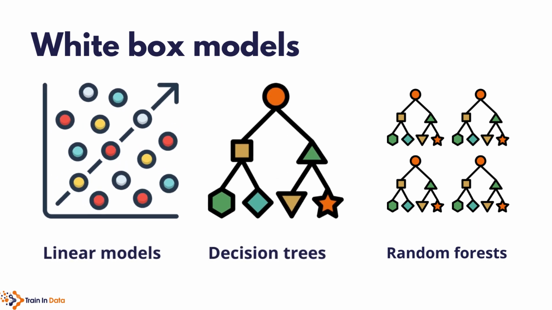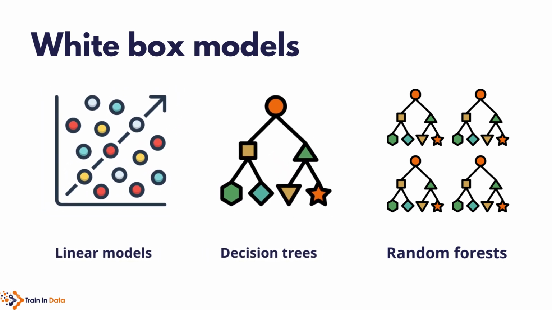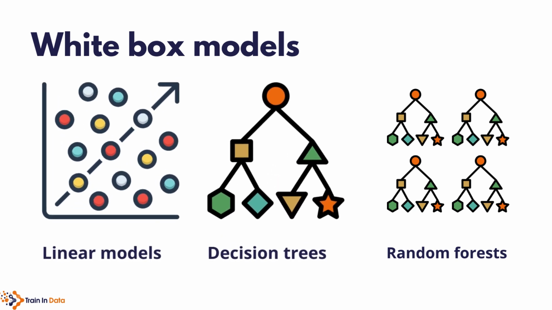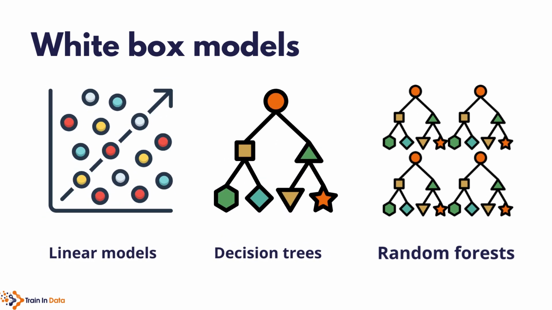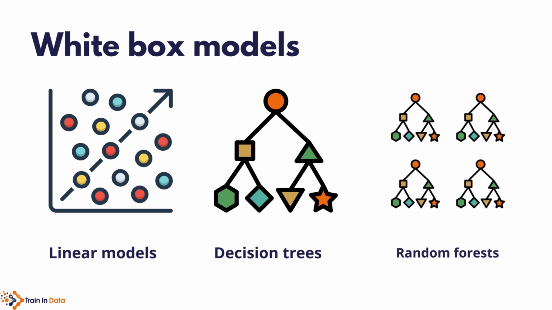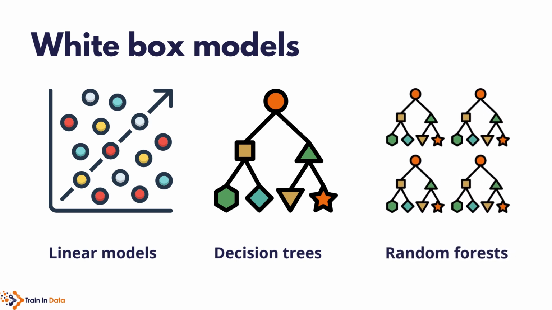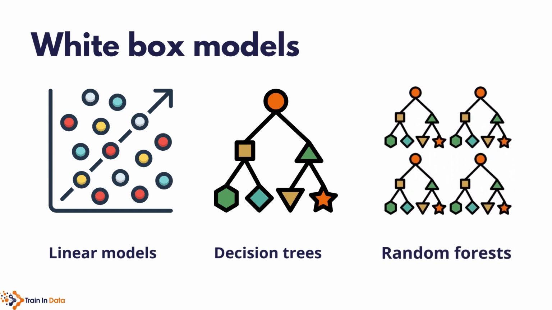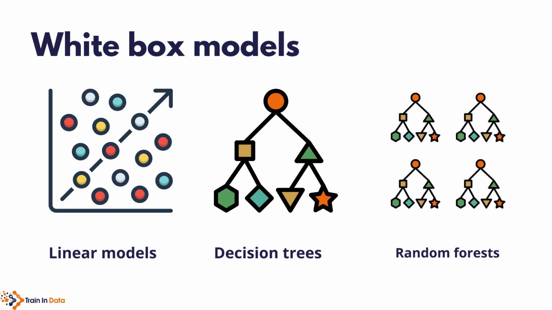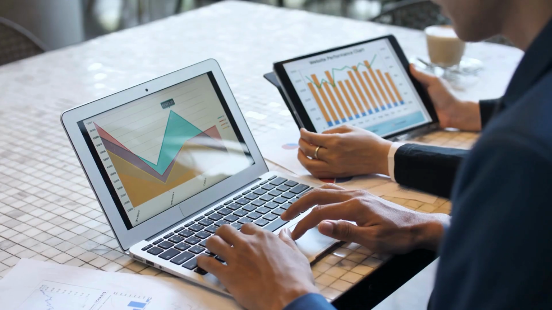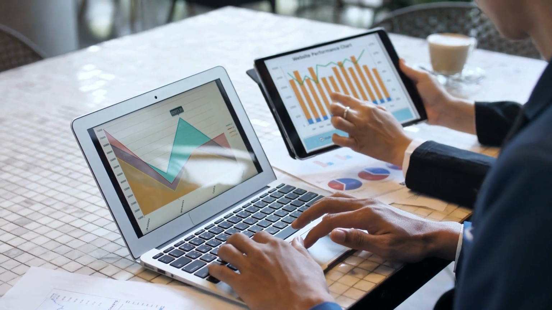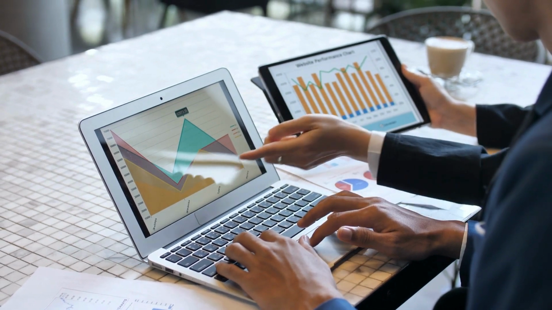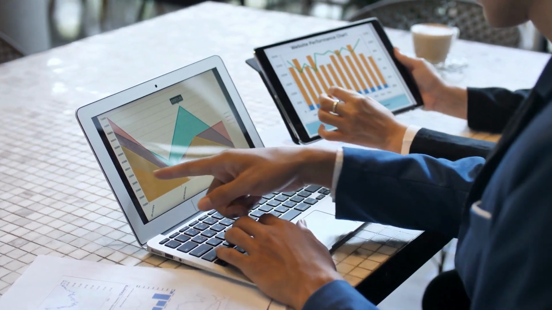The two key examples of intrinsically explainable models are linear regression and decision trees. And we can also explain slightly more complex models like random forests and gradient boosting machines if we take a look at the architecture of all the trees that compose them and then make an aggregated interpretation. So we can easily explain intrinsically explainable models if we examine their components and parameters.